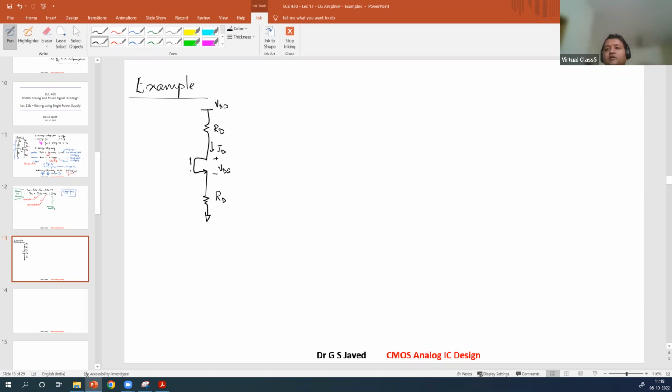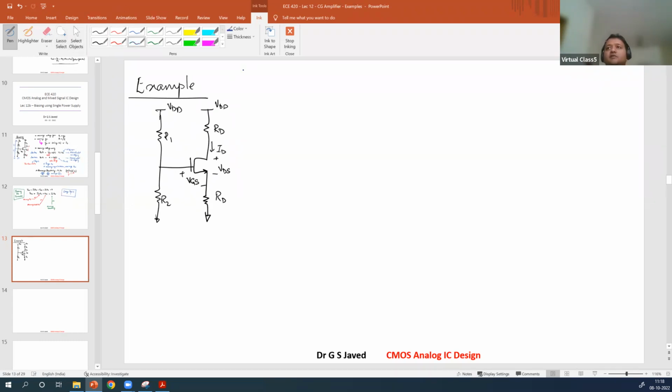Here you have biasing the transistor with R1 and R2. This will give your VGS value. So this is the design space that you have.